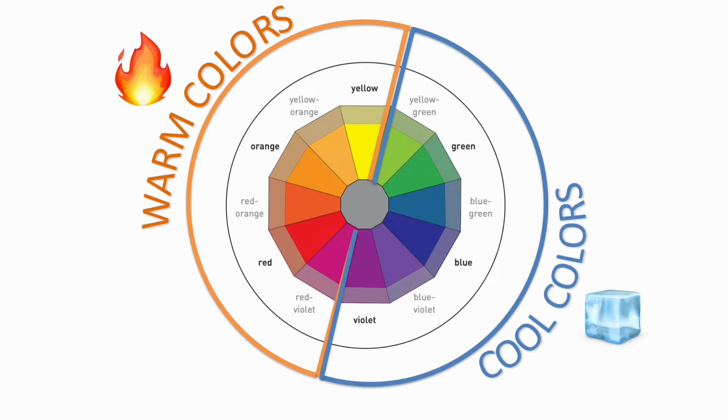So now we'll talk about some of the more specific dynamics of color, and we'll begin with color temperature. We associate colors with different temperatures because of our previous experiences.